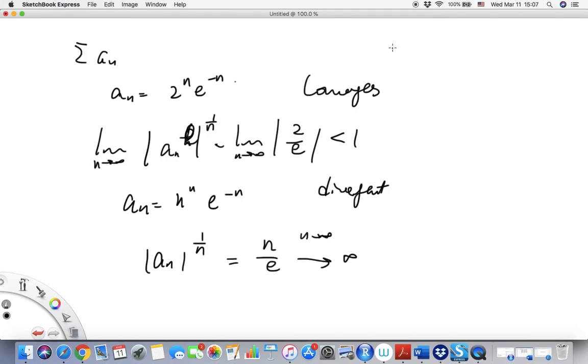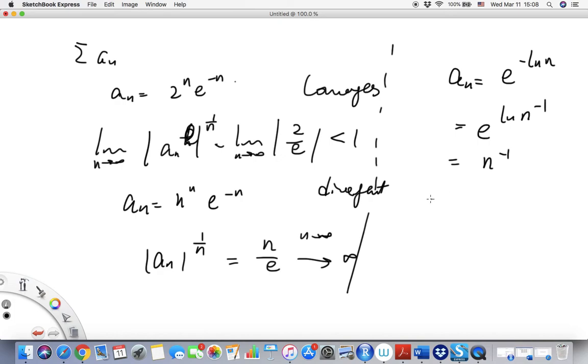Next, a_n is equal to e to the minus log n. By definition this is e to the log n to the minus 1, so that's n to the minus 1. We're essentially looking at this series, which we all know is divergent.